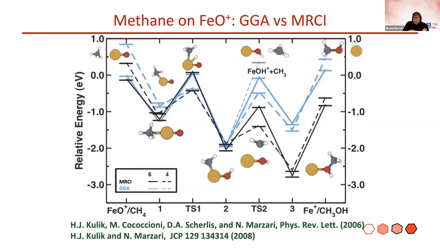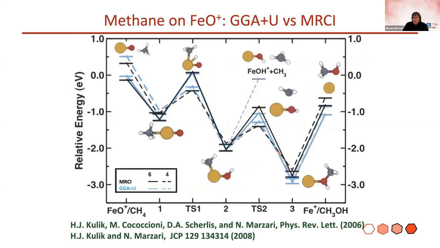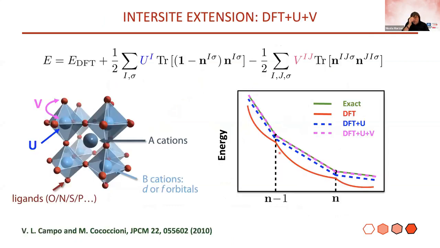And if you do this calculation with standard GGA, you get these blue curves here that look good, but they are a couple of electron volts off. So you're not going to do any chemistry. You switch on the U, and actually it looks very, very good. And this to me was the first demonstration that DFT plus U is actually a theory of self-interaction, of piecewise linearity, and has nothing to do with correlation.